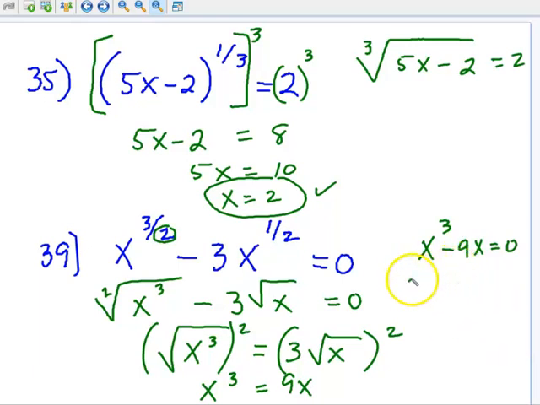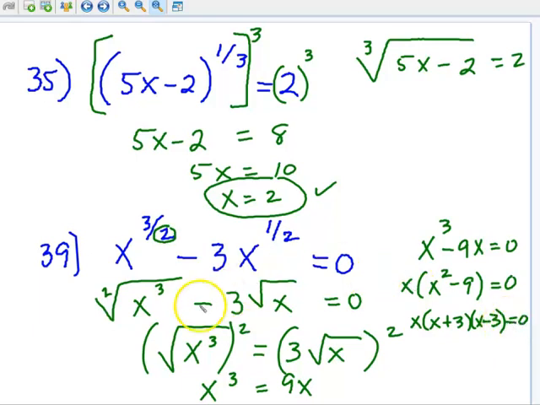And I can factor out a GCF. Always think GCF when factoring. Make that your first thought. And I can factor this as the difference between two squares. So I got 3 solutions.